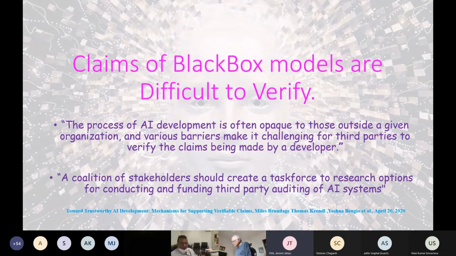And that's why Turing Award winner Yoshua Bengio and his colleagues suggested that a coalition of stakeholders should create a task force to research options for conducting and funding third-party agencies to audit AI systems.